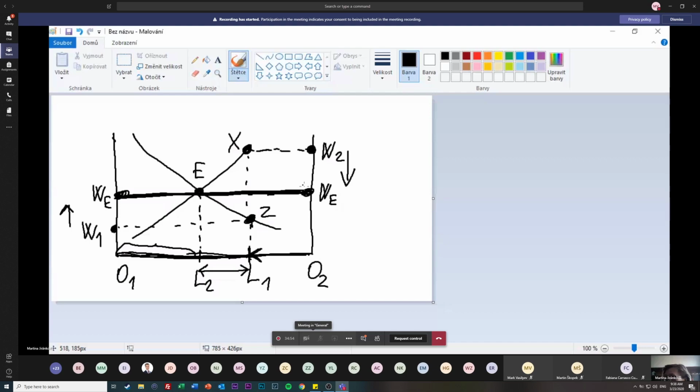So this was the first impact. Let's go to the second impact.